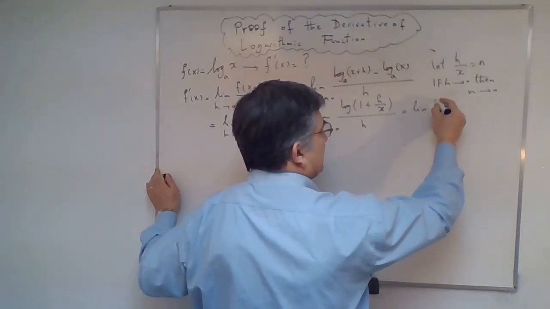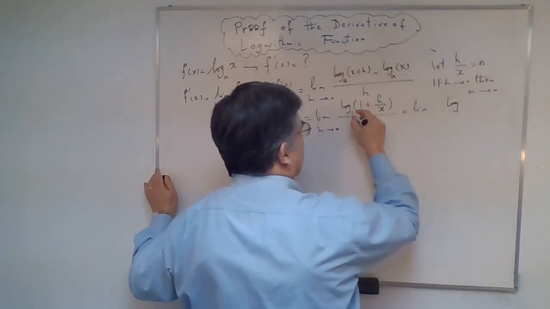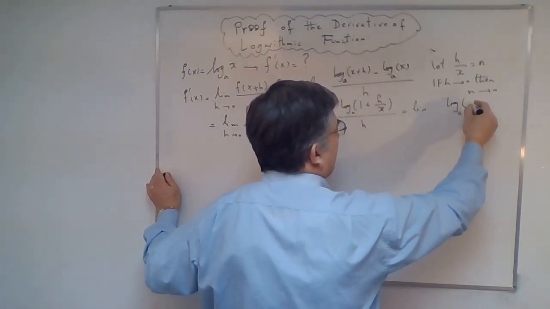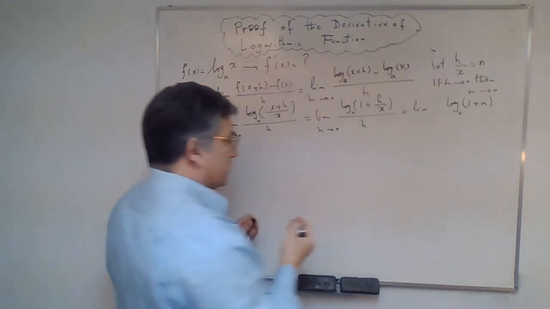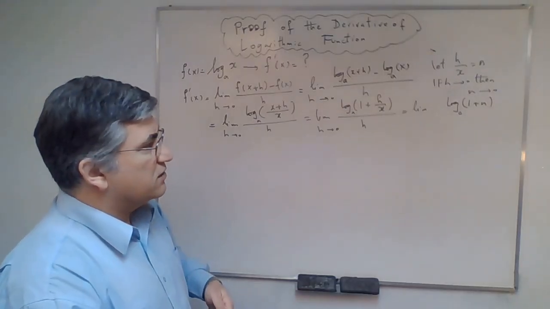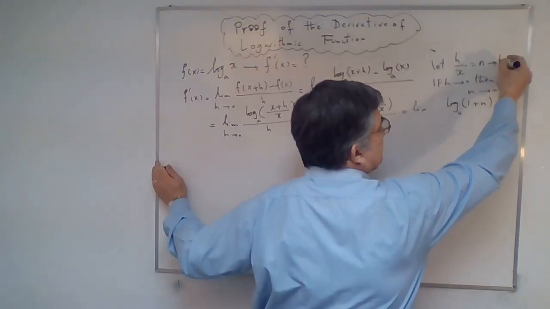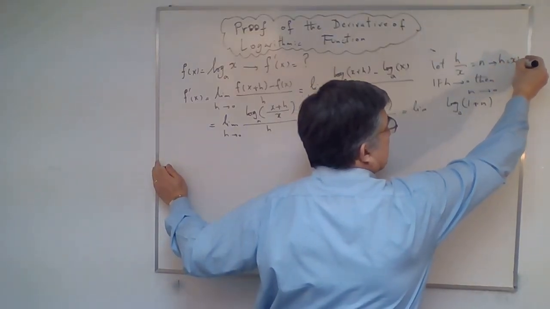So it will be limit of log base a of 1 plus n, okay? And instead of h, we can write x times n by a simple cross multiplication. So x times n.